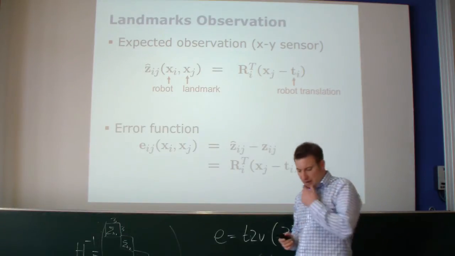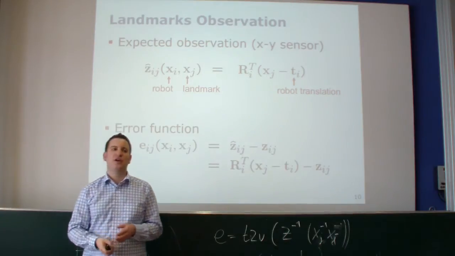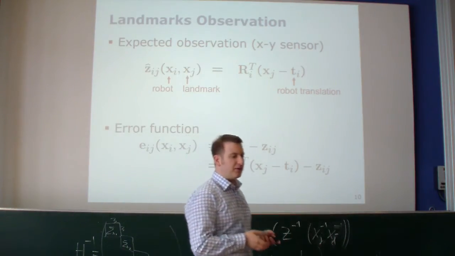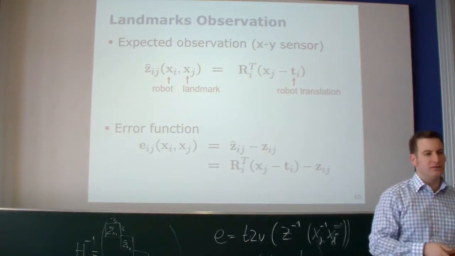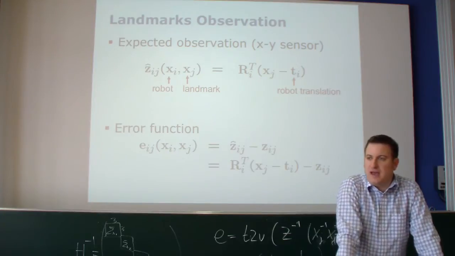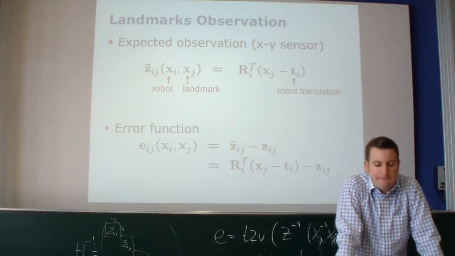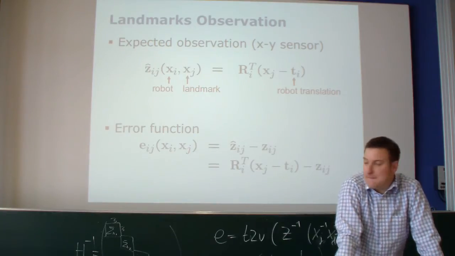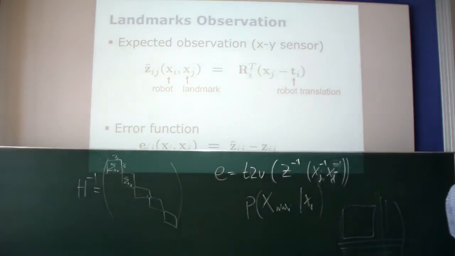Okay. So how would the expected observation function change if we look at the bearing-only case, where we can only measure the angle to the landmark, but we cannot measure the xy location as we did so far? Let's make a small plot.